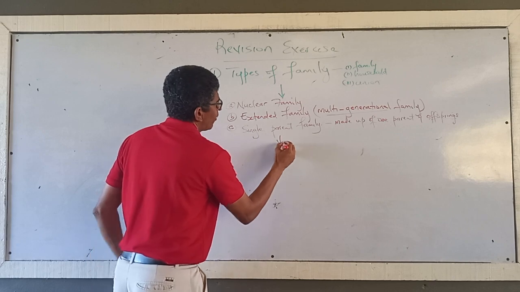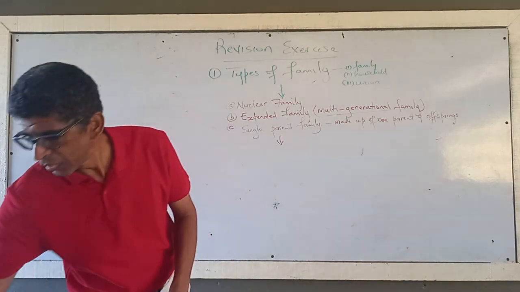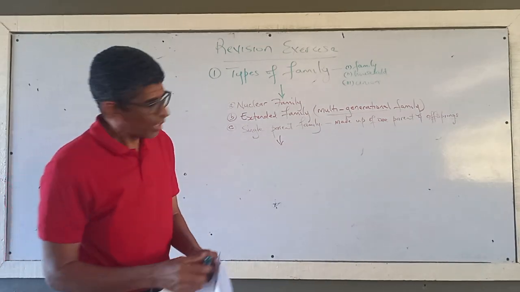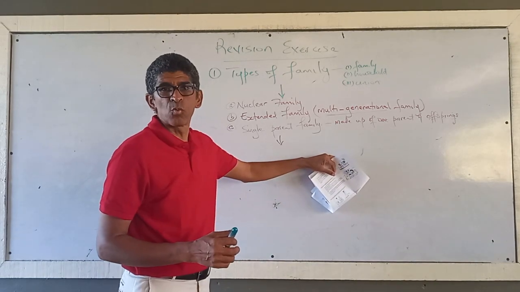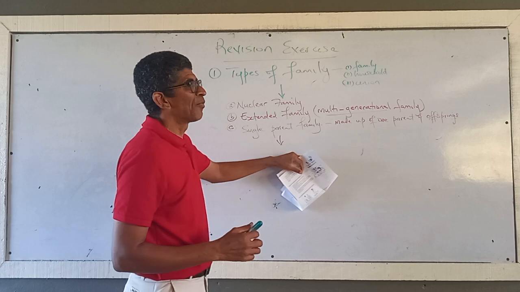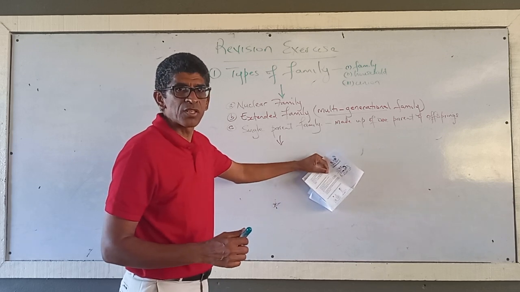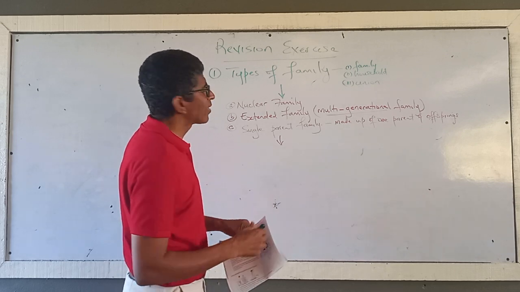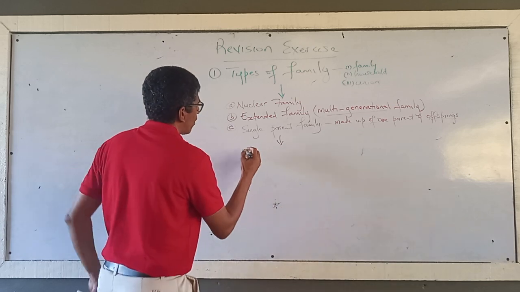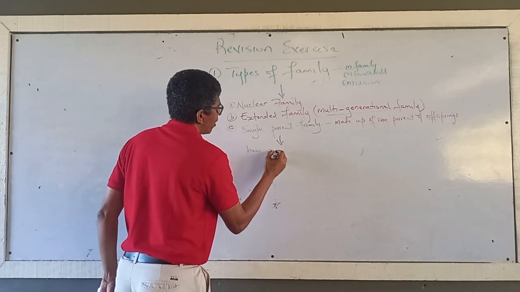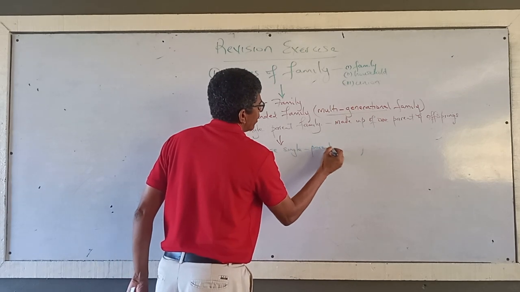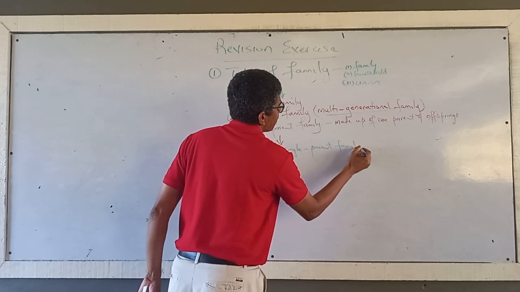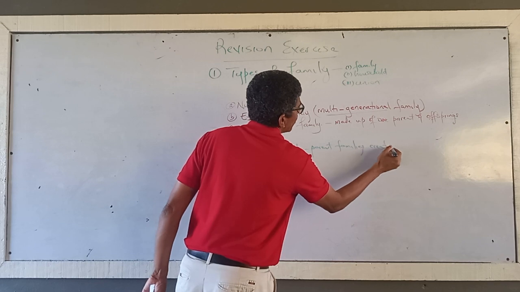Now, the single parent family, let's see the color. The single parent family comes about or is made as a result of several situations. Basically, most of the situations are tragic situations. So, how are single parent families created?